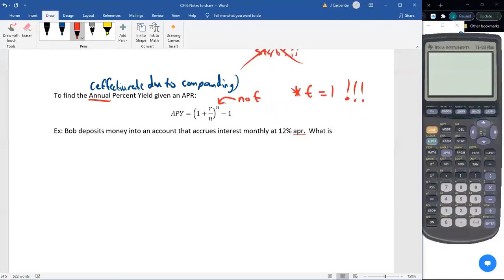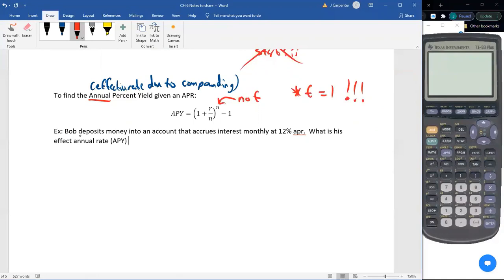What is his effective annual rate, aka the APY? EAR, APY, same thing. Some people might say EAY for effective annual yield. Some might say effective annual rate. Some say annual percent yield. They are all the same thing.